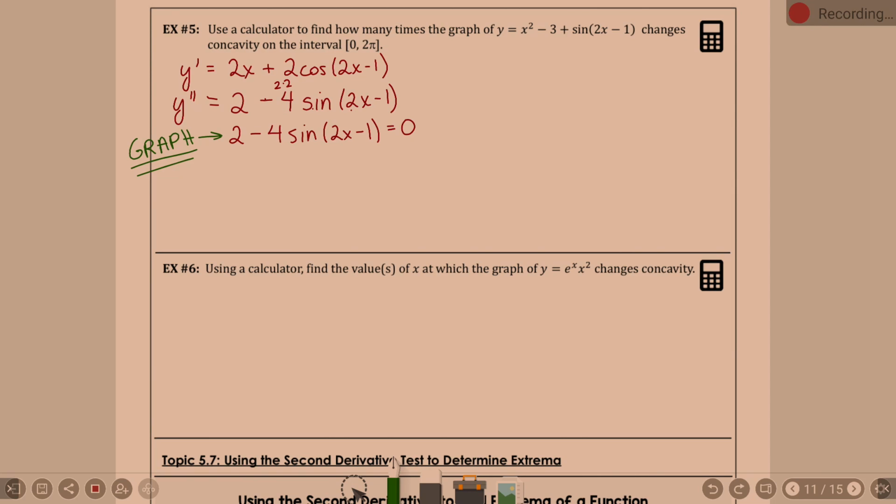Oh, wow. Interesting. Now, as you graph this, it looks something like this.